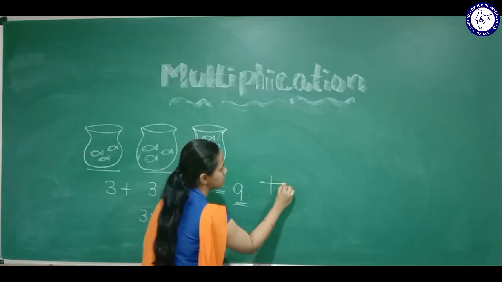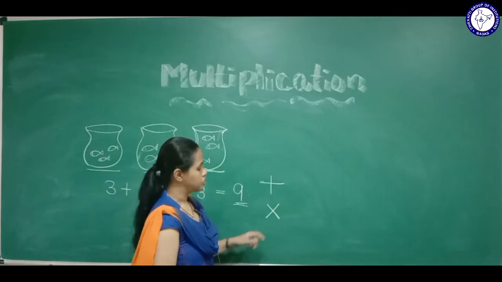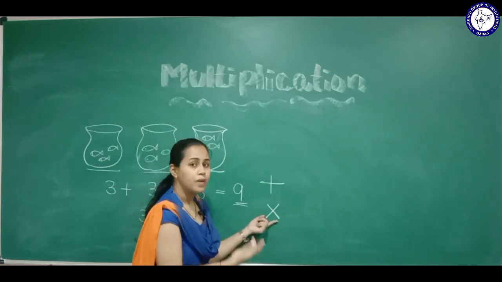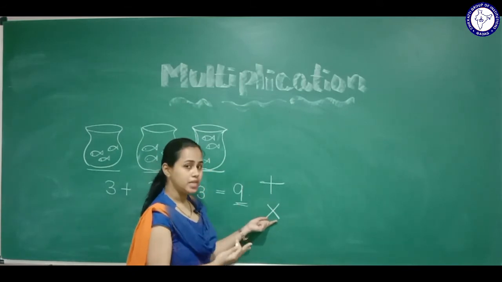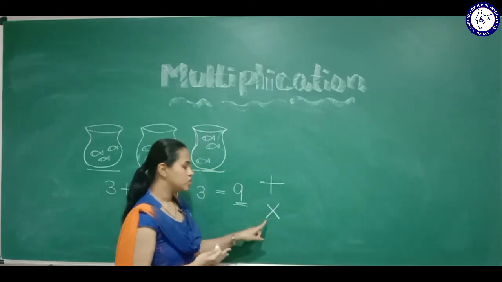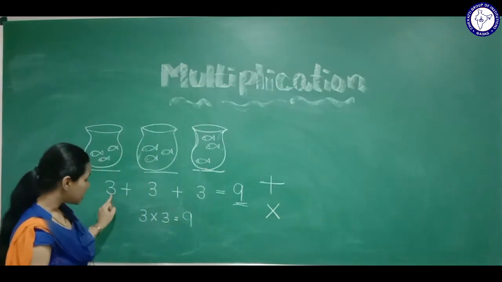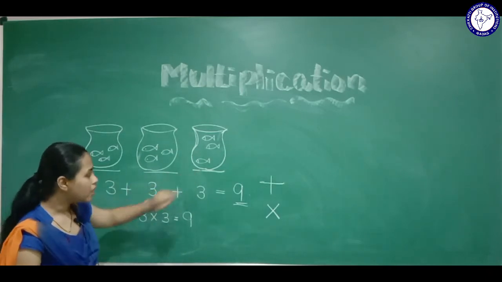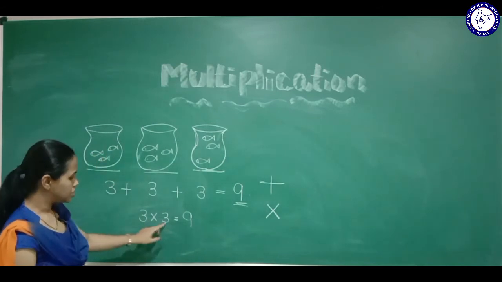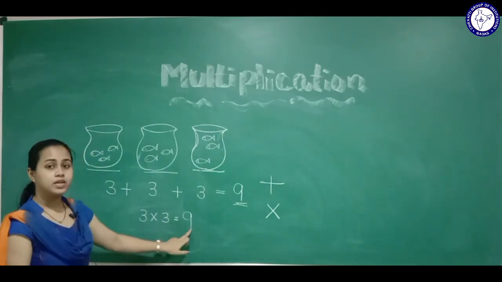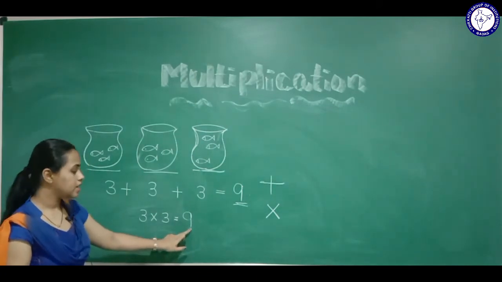So this is the addition symbol and this is the multiplication symbol. Here we are multiplying the same number. We took 3, meaning 3 bowls, each has 3 fish, so we are multiplying the number. We got 9 as the answer.